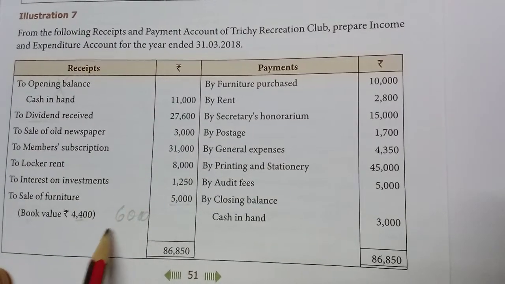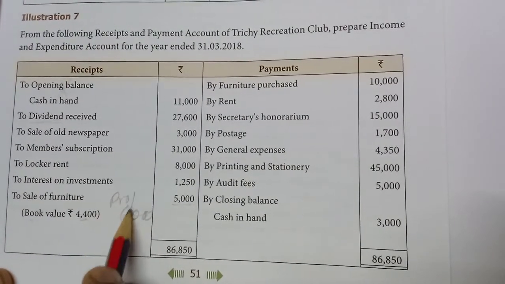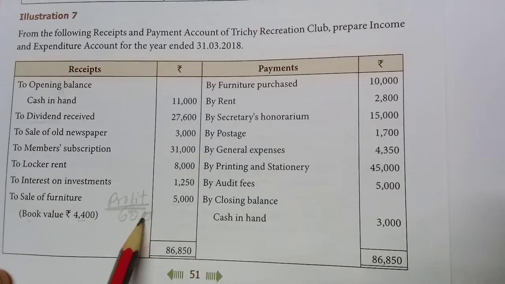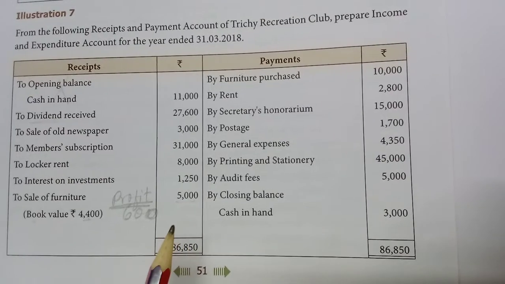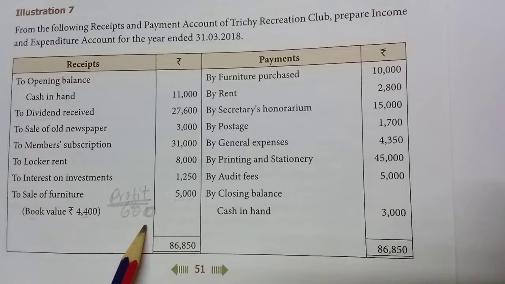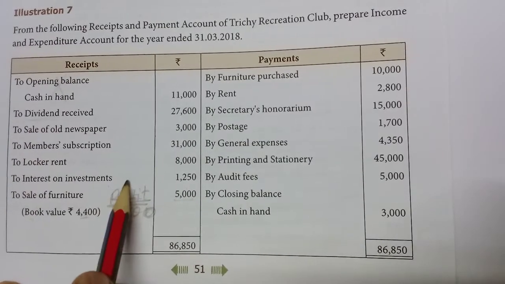So that is the profit, 600. That should be taken in the income and expenditure account. Here we can say it as gain.